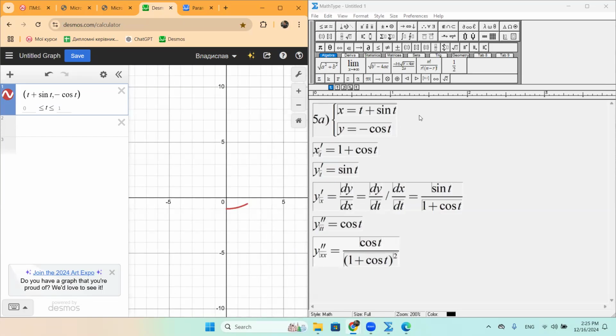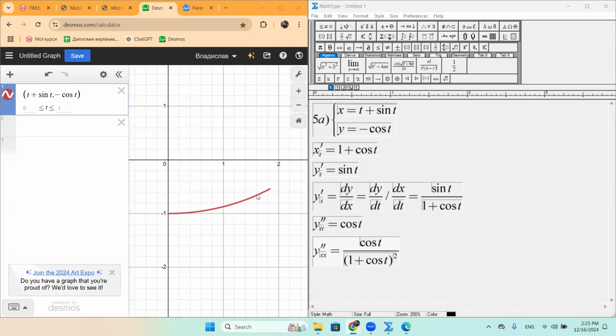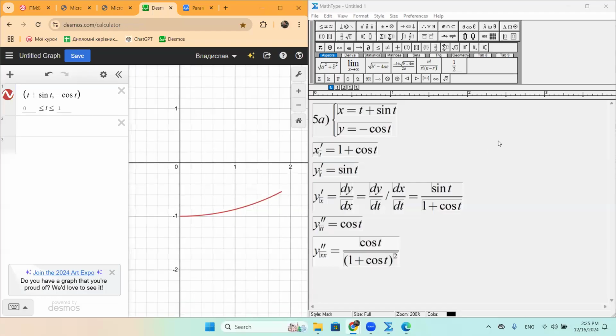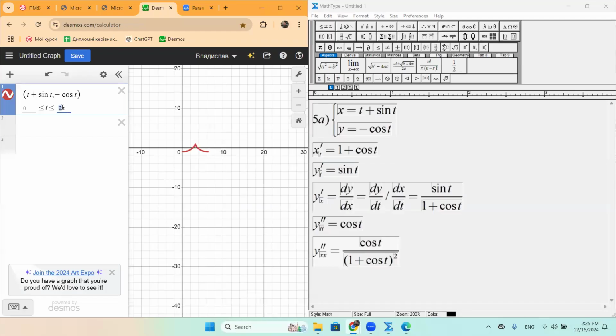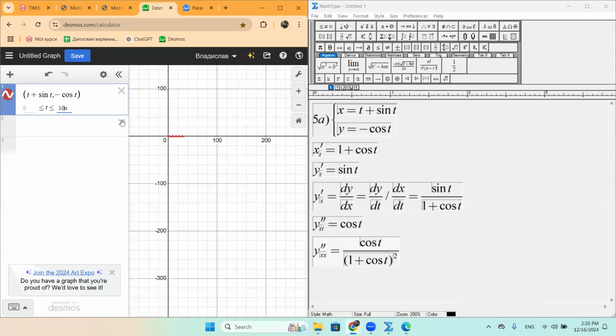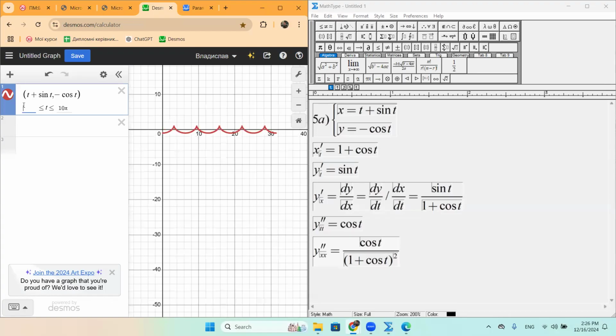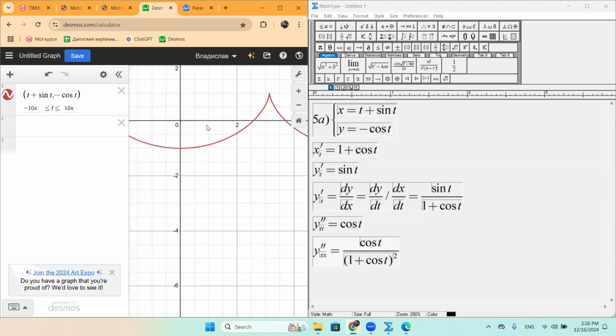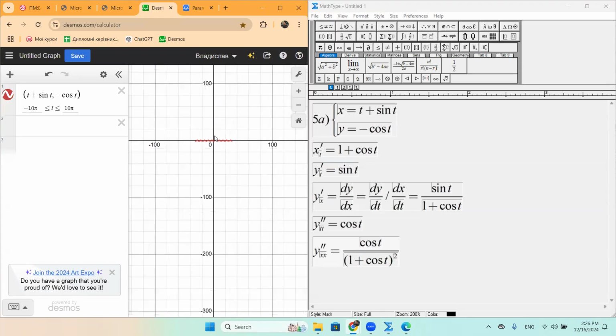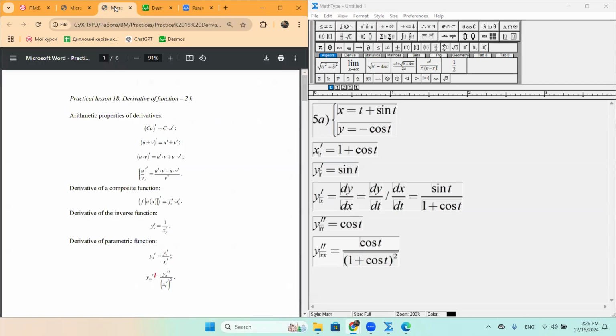So really not understandable curve. But okay, let's live with this. Oh, but we can use 2 pi, for example. This is a periodical function. I don't remember the curve basically, but yeah, this is a real curve. Interesting.